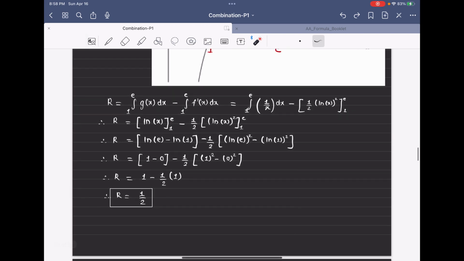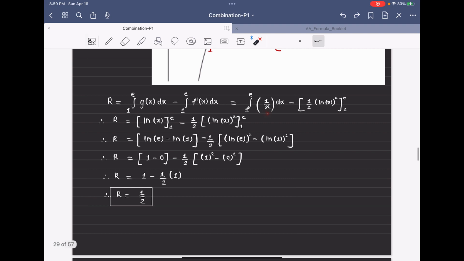So I'm writing directly 1 by 2 ln of x bracket square. You don't need to show the integration, because the integration of a derivative is the actual function. So 1 by 2 ln of x bracket square with lower limit 1 and upper limit e.